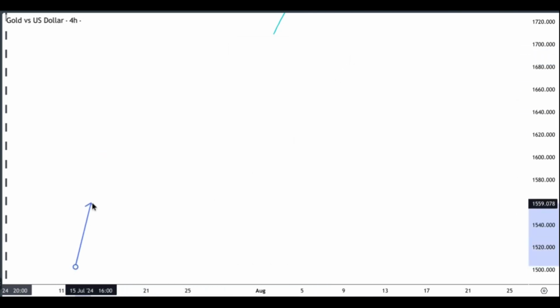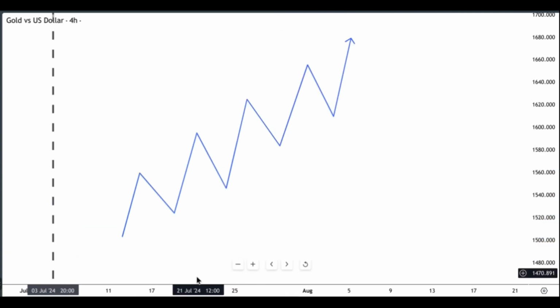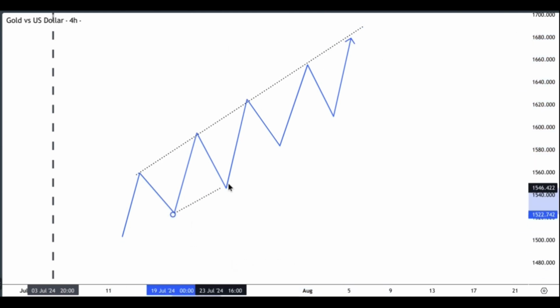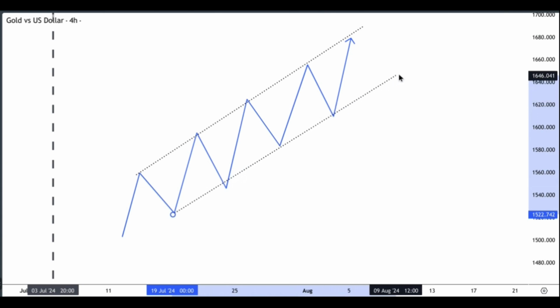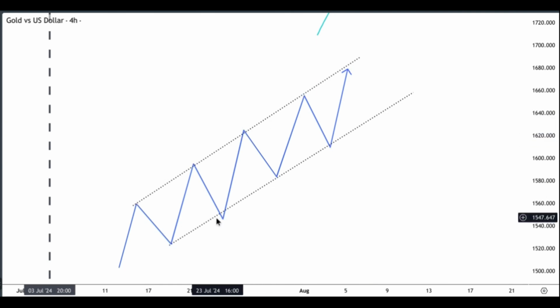For example, this is an uptrend. We can also draw your support and resistance like that. This is your resistance. This is your support.